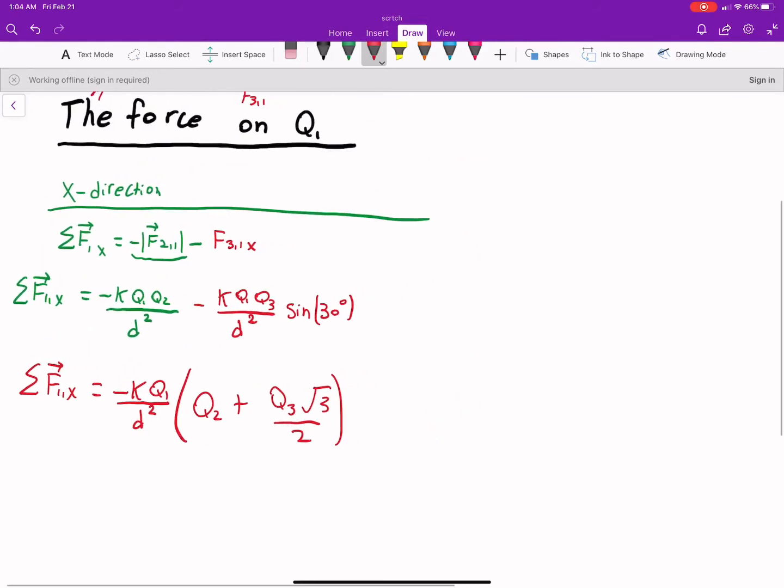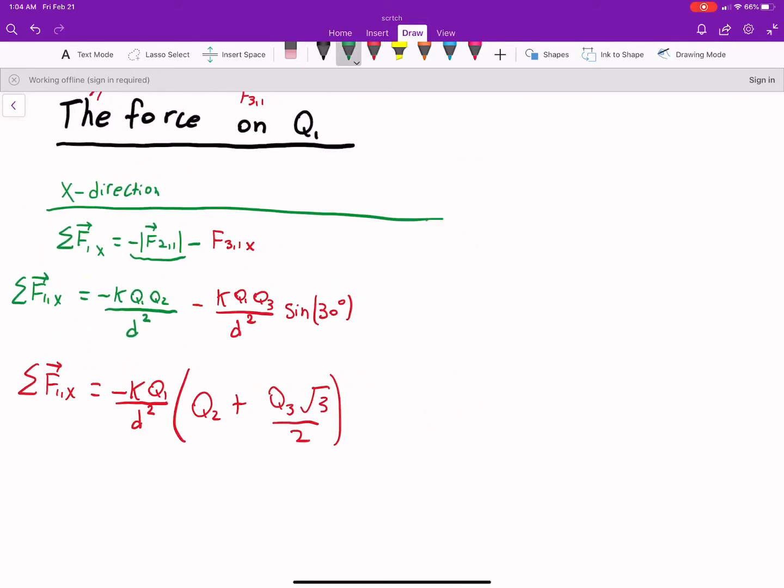And before we move on, we're going to do y direction over here next. But I'm going to go ahead and plug in these numbers.